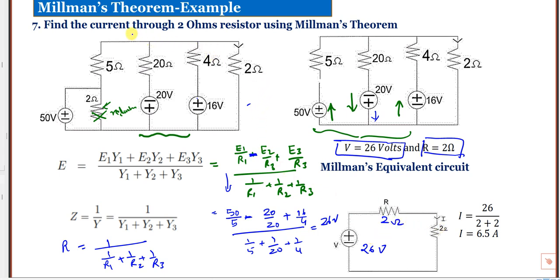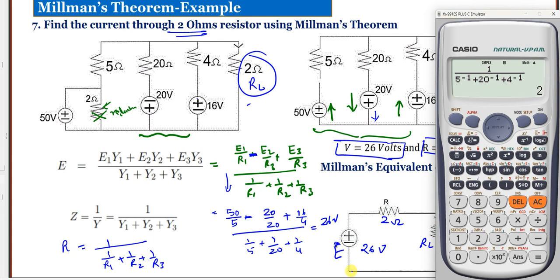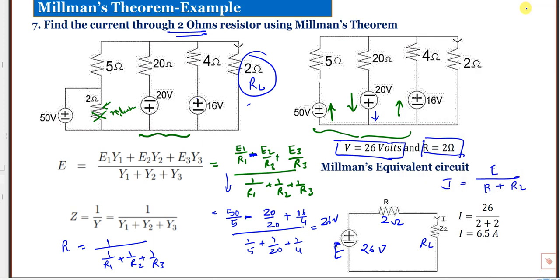And what is RL? Find the current through RL equal to 2 ohms. This is your RL, so connect RL here. Then the current is given by the voltage E divided by R plus RL, so 26 by 4, since 2 plus 2 is 4. That gives 6.5 amps.